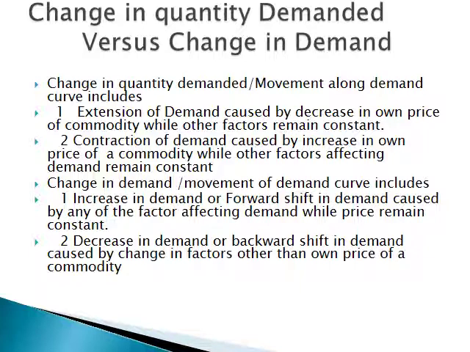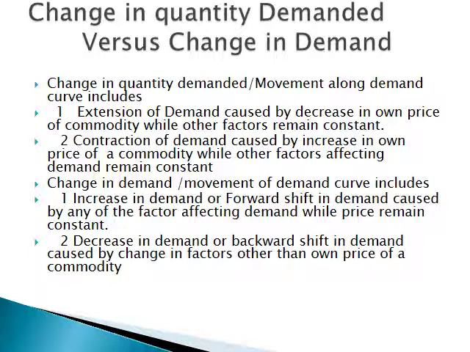Change in quantity demanded or movement along demand curve includes extension of demand and contraction of demand, whereas change in demand or movement of demand curve includes increase in demand or decrease in demand.